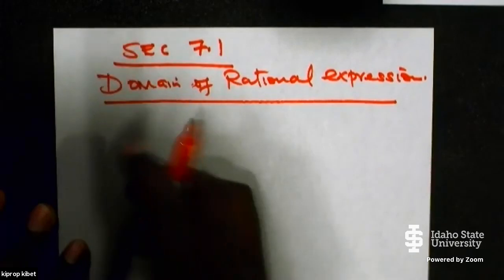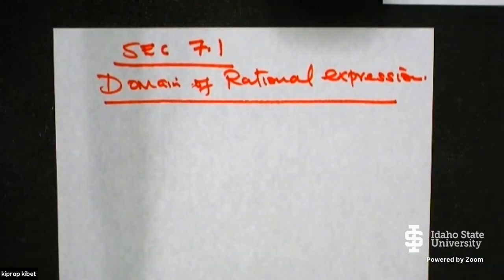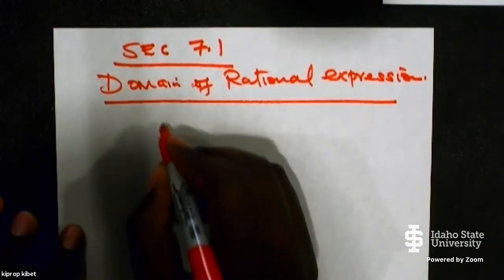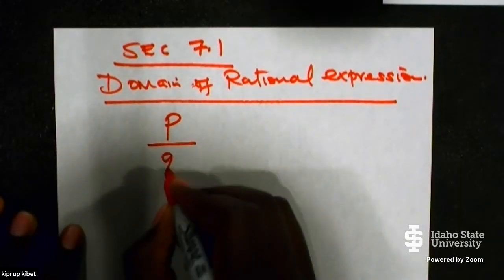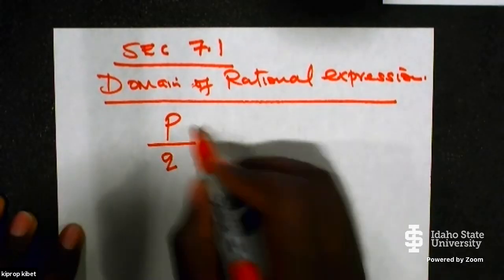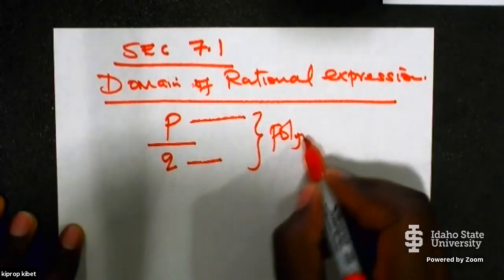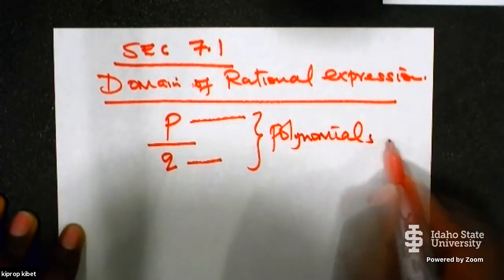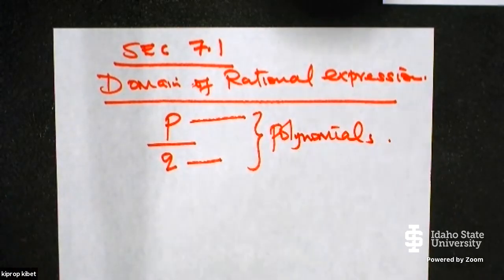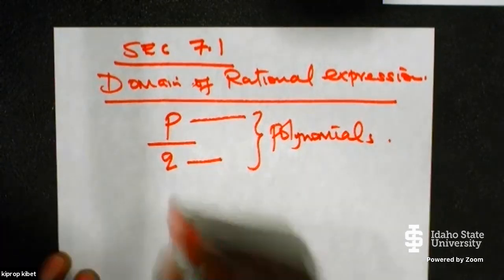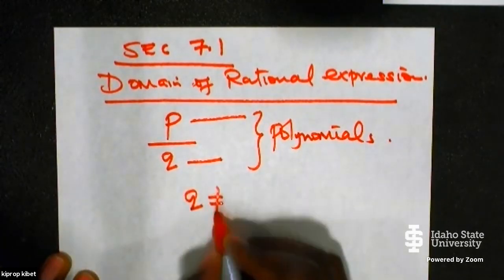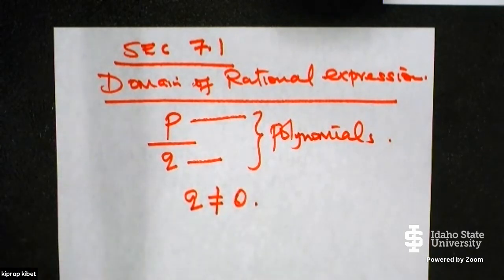So a rational expression, so you can still find the notes folder. A rational expression is an expression of the form P all over Q, where these are polynomials, and where Q is not equal to 0.